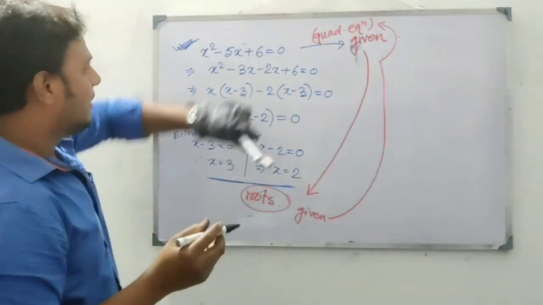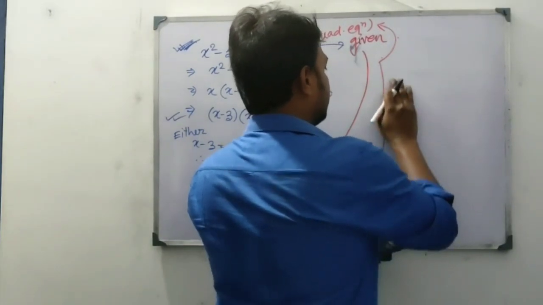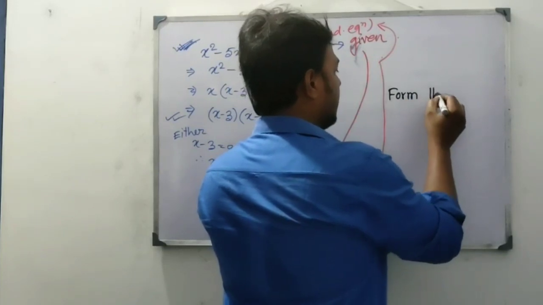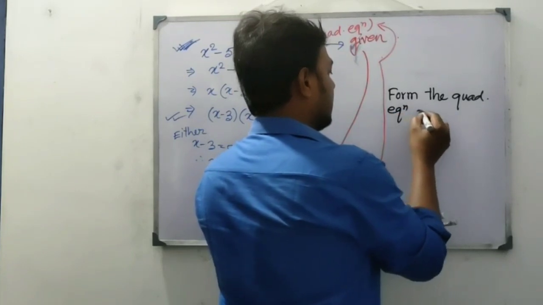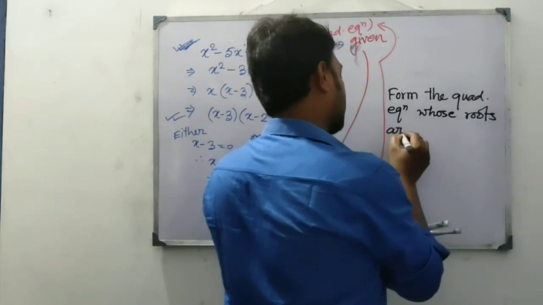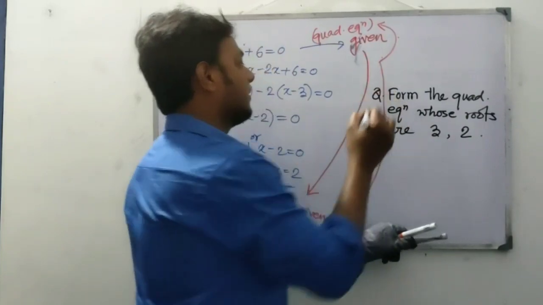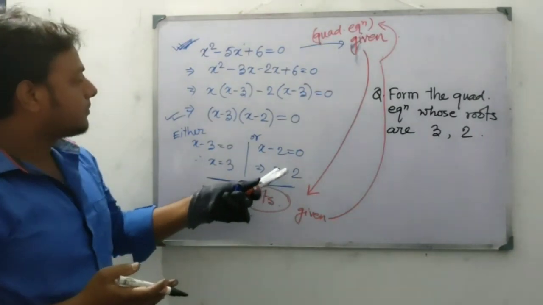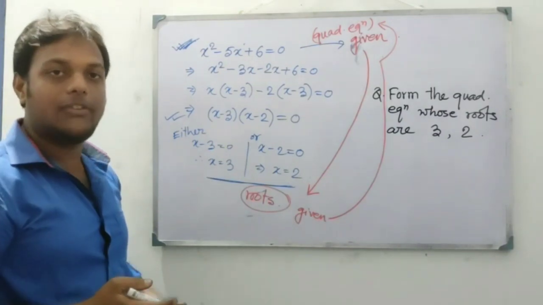Suppose the question is like this: form the quadratic equation whose roots are 3 and 2. Then is it possible to form it by going back through this line? Obviously possible.